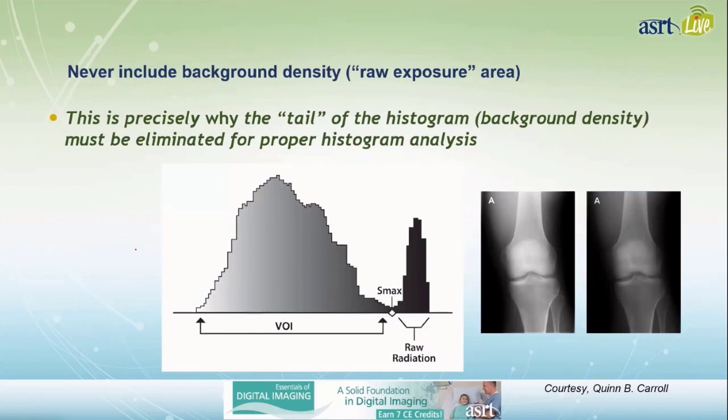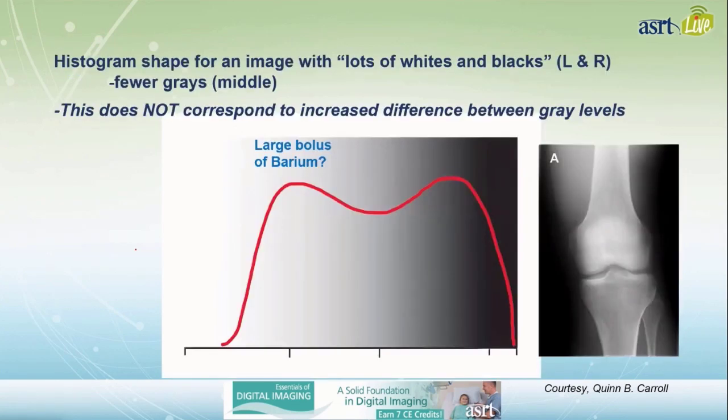So never include the background density or raw exposure area in your experimental measurements. In fact, this is precisely why the tail of the histogram, as you know, is eliminated for histogram analysis, because it's improper to use that raw background exposure data.